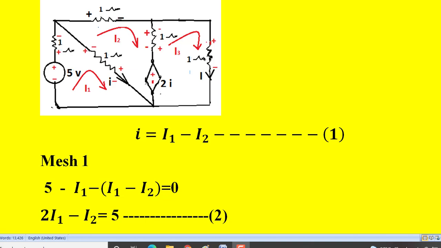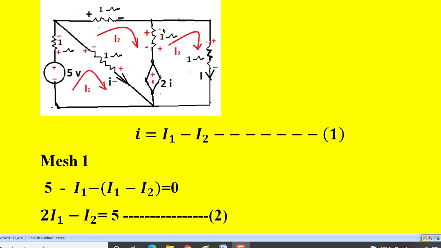Next, in the assumed current direction I3 here, first minus, next positive. So going from negative to positive, we call that a voltage rise, and a voltage rise will get the plus sign. So that is minus 1 I3 plus 2I. Next we have a current I3 entering here, so leaving plus first, next negative.